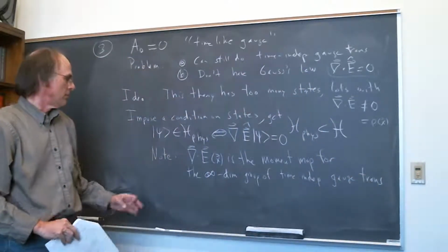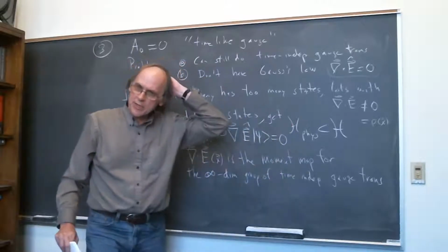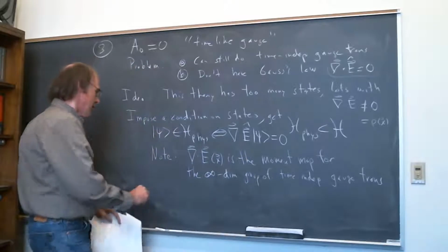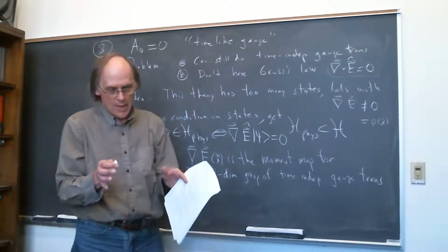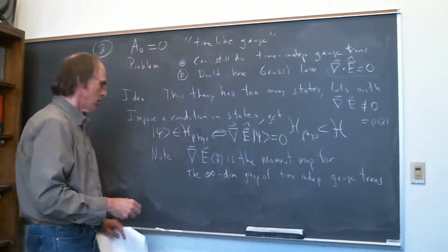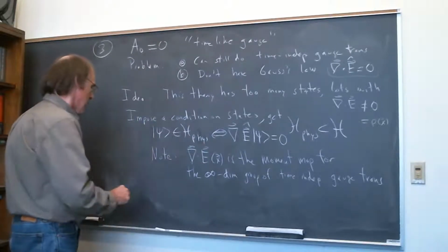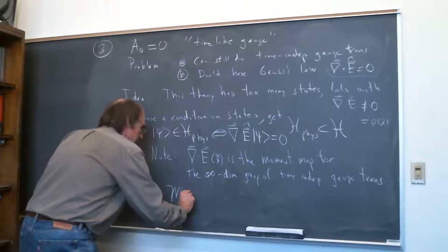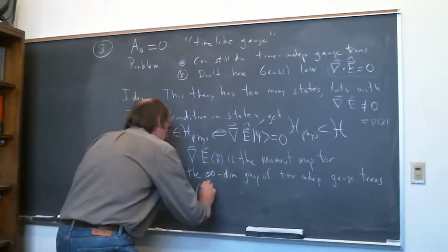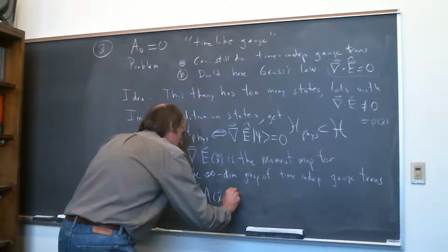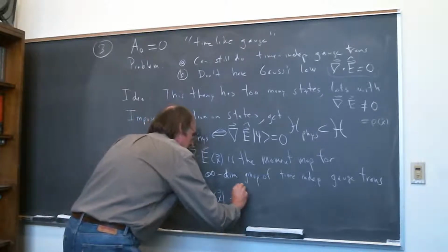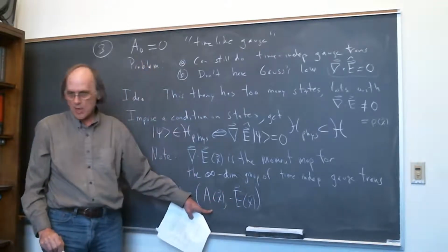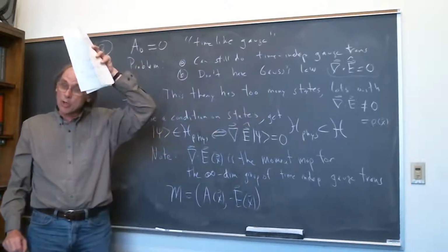So some of the details of this are worked out, but in some sense, what you've got is that M is equal to the set of these A of X vector, minus, it's this guy, but we don't have the Coulomb condition.